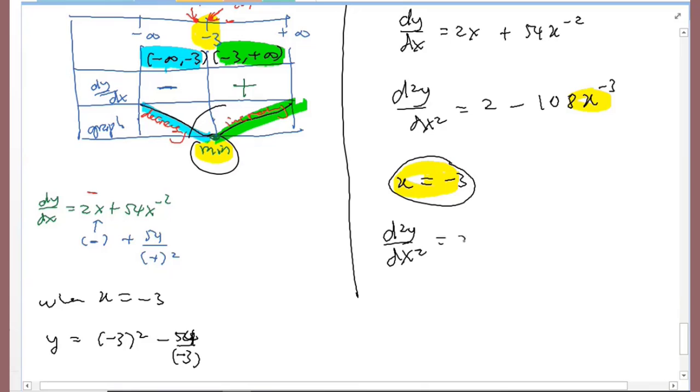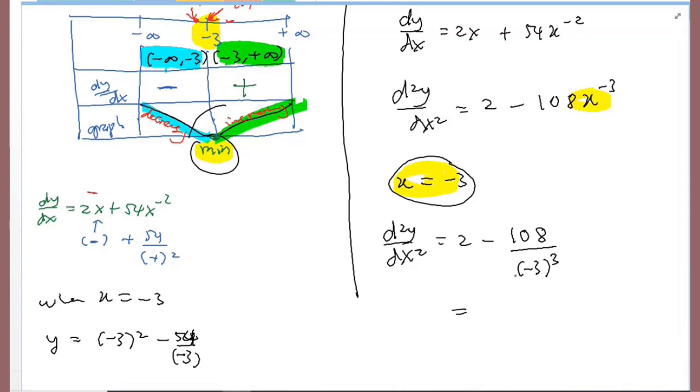Substitute: 2 minus 108 over -3 cubed. Find it. 108 over 27. Wait. Is it 82? 86? 6.